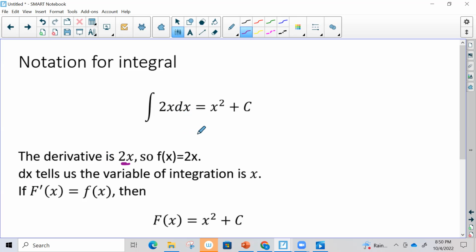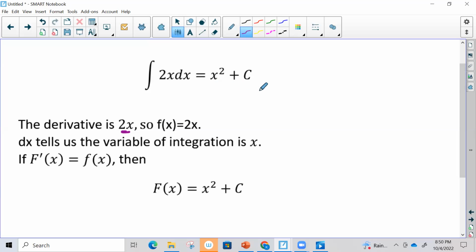Dx tells me the variable of integration is x, so I'm integrating with respect to x. And if the capital F prime of x is equal to this lowercase f, then we know that capital F of x is x squared plus c. So again, this is my antiderivative, and the 2x is my derivative.